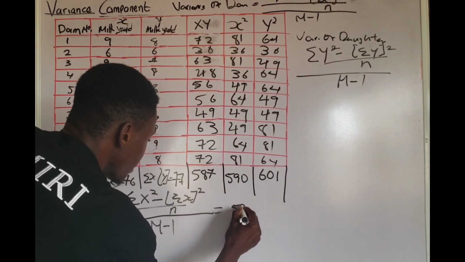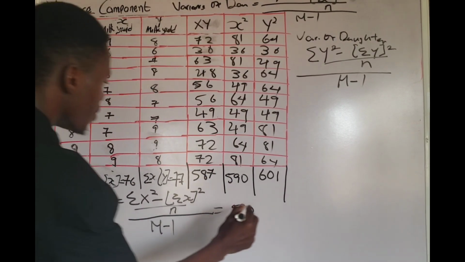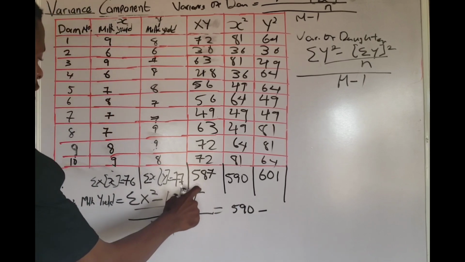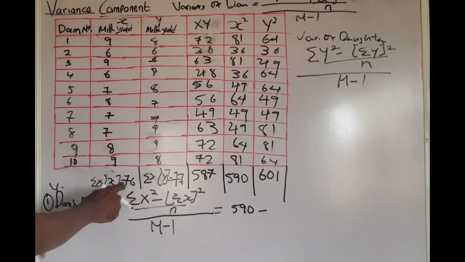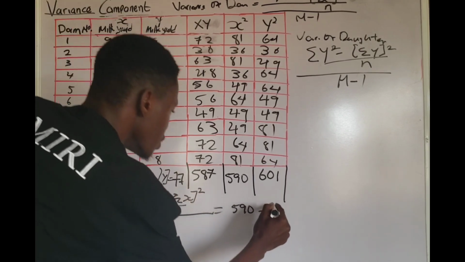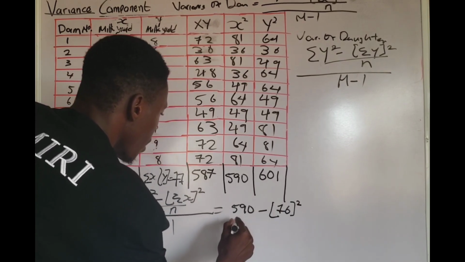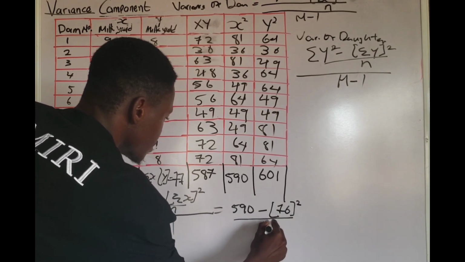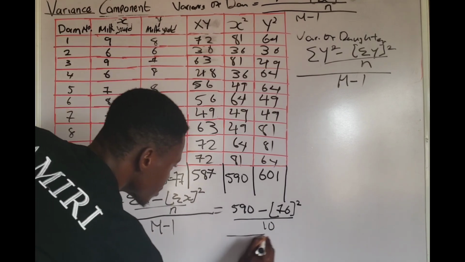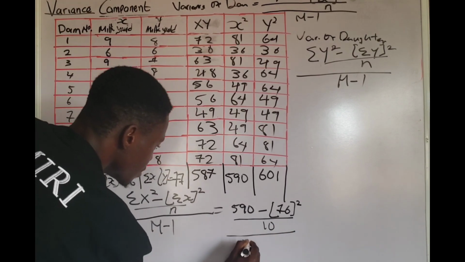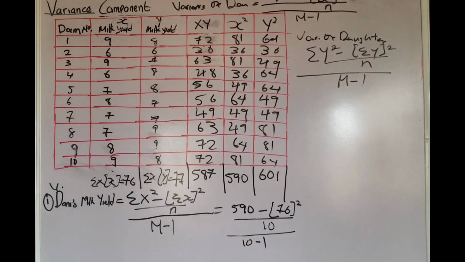So 590. Don't forget, minus bracket summation X here, which is 76. That's 76 squared, all over 10. Then which is 10 minus 1. Okay.